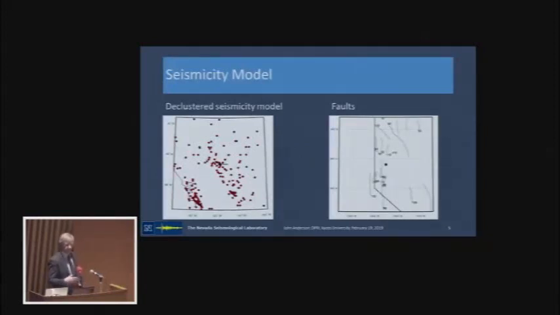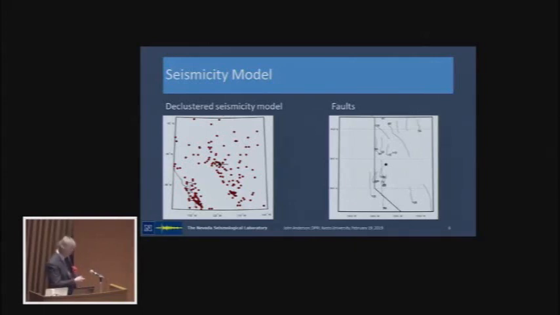So to build this hazard curve, we have two different parts. We have to describe the seismicity model, and then we have to describe the ground motions. And for the seismicity model, we have two different parts. We have the faults, which would be indicated over here, or we have the historical earthquake activity.